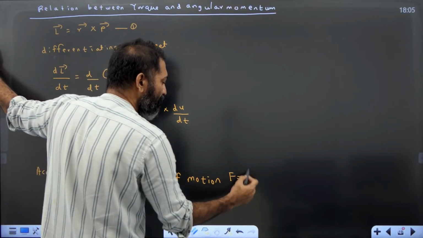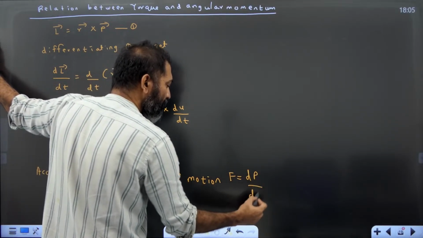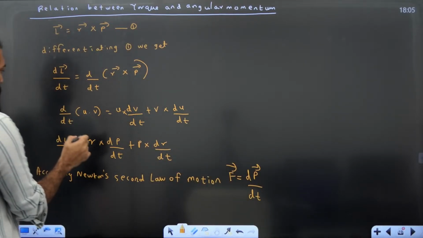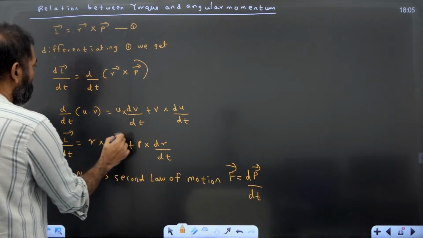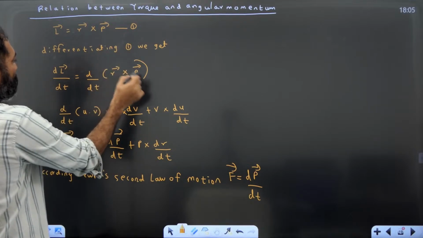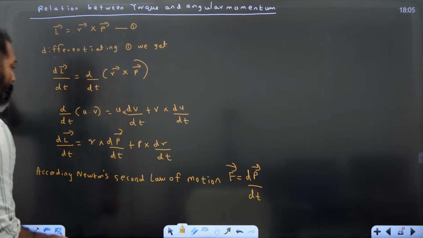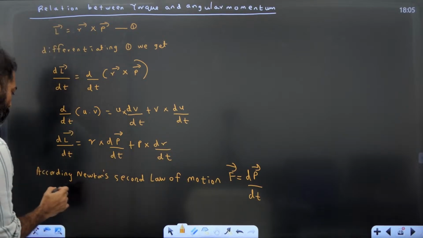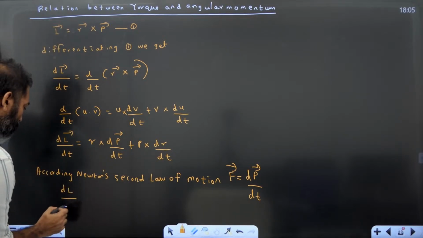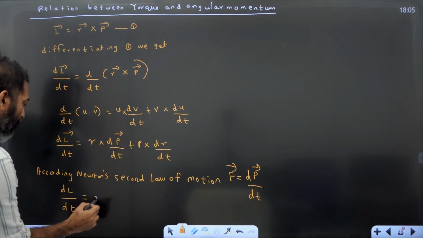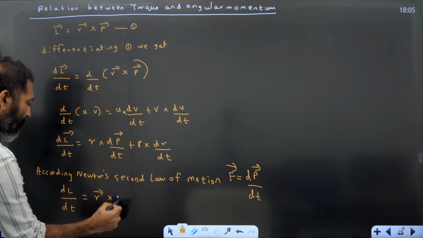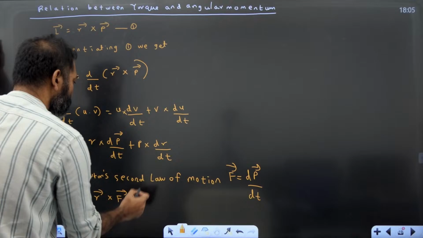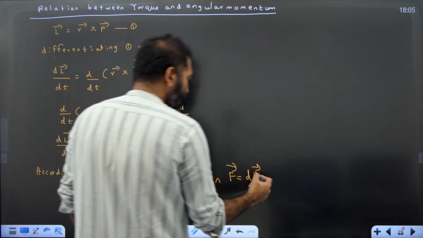Rate of change of momentum is force. So dL by dt is equal to r vector cross, instead of dp by dt I can write F vector, plus the second term.